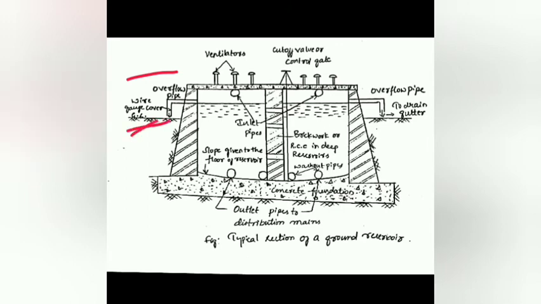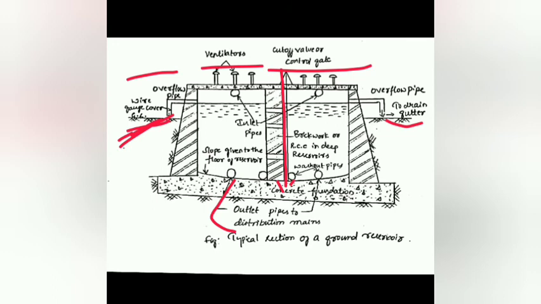A wire gauge cover is also provided at the end of the pipes. It is taken off to the drain gutter. On the surface we can see ventilators provided in order to give proper circulation of air. Here we can see a cutoff valve or a gate valve which is connected to the bottom. And these round shapes that we are seeing are the outlet pipes to the distribution mains.